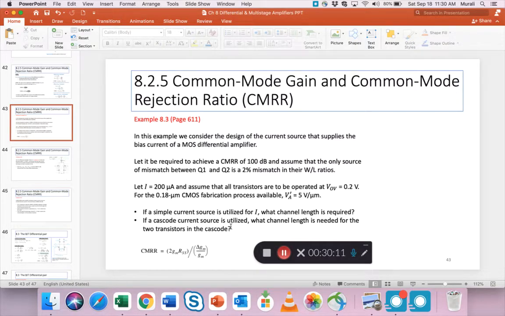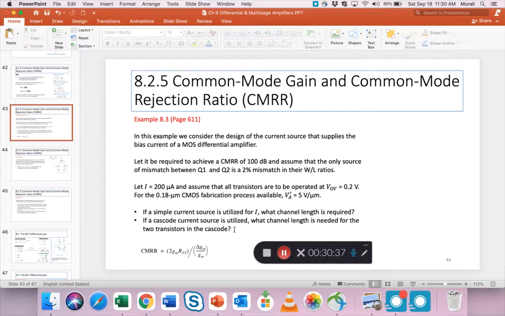And if a cascode current source is utilized, what channel length is required? You can see that the channel length in the first case is very high. That means the amount of silicon will be much higher. If you want to bring that down to a reasonable value, then you have to use the cascode.